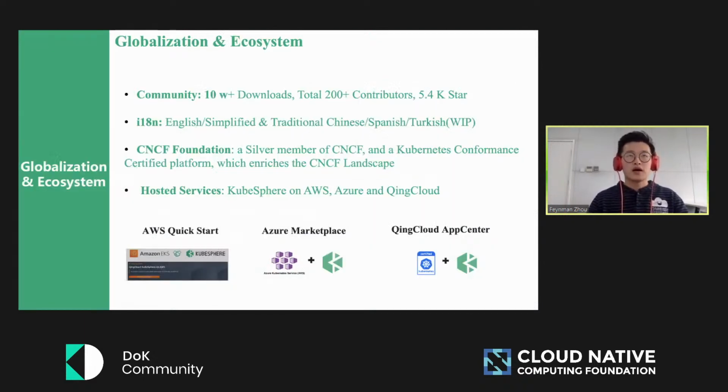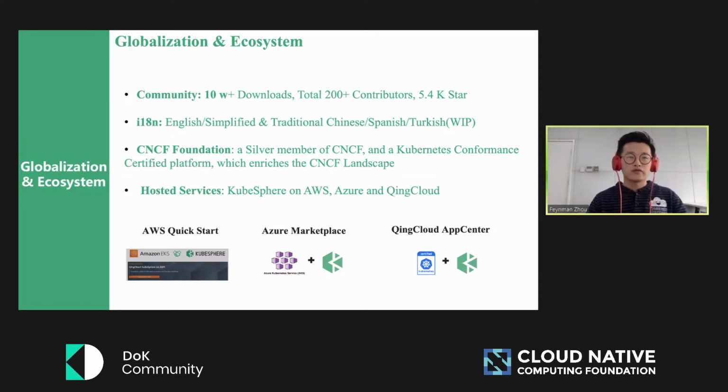At this point, I would like to introduce the globalization and ecosystem of the KubeSphere community. So far, we have 10,000 downloads and a total of 200 contributors in our community, and 5,400 GitHub stars. As for internationalization, KubeSphere supports English, Simplified and Traditional Chinese, Spanish, and Turkish in the KubeSphere console.